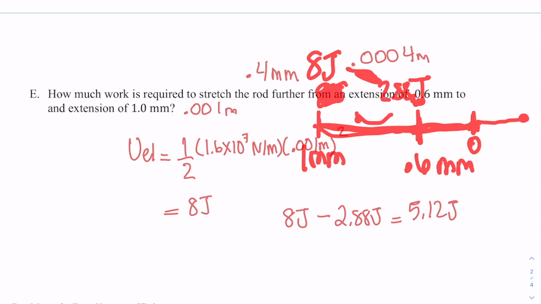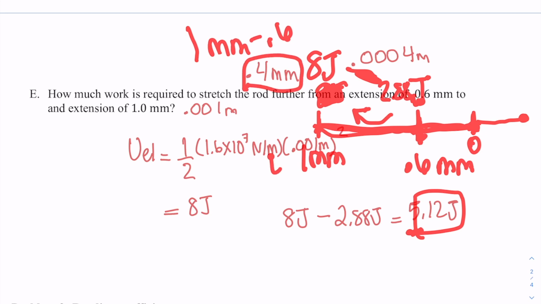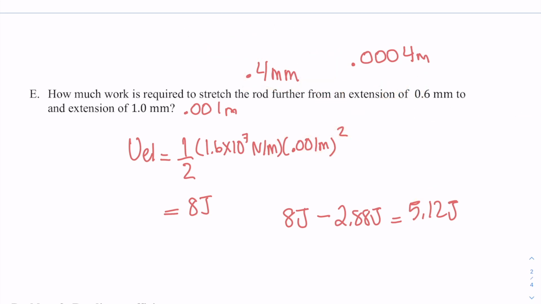It's the extra amount of energy that I have to put in to get from 0.6 to 1, so that would be that 5.12 joules that we got. Now, if we did 1 millimeter minus 0.6 and got 0.4 millimeters and plugged that into the equation, that would give us the energy at 0.4 millimeters, which is not what we want.